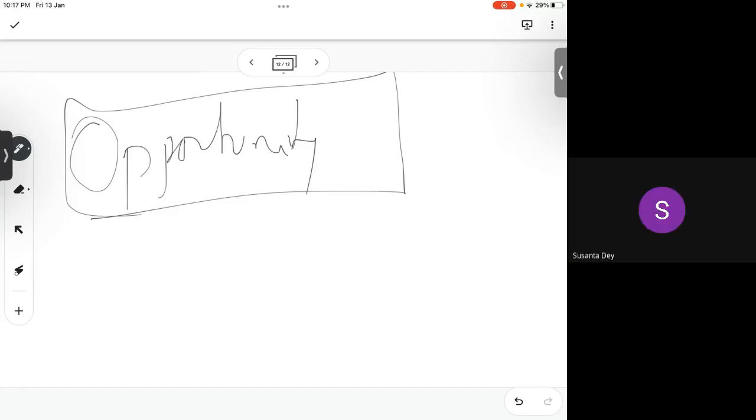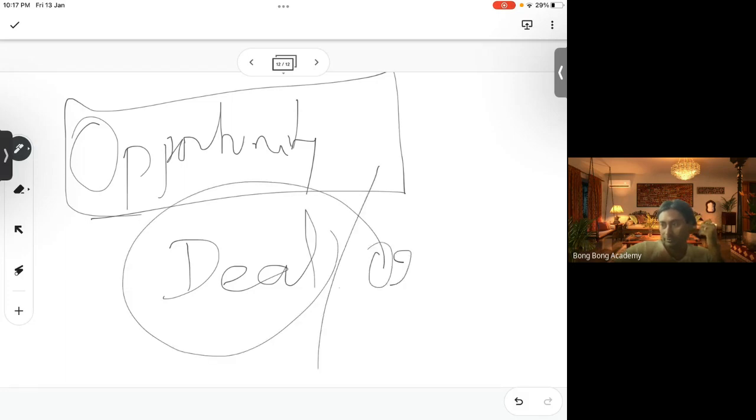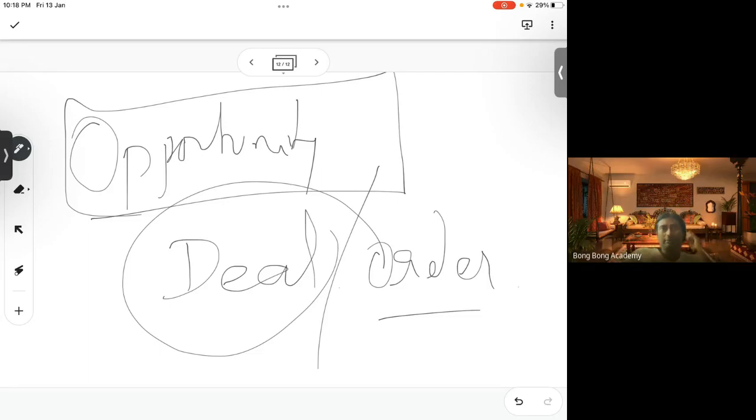Opportunity basically means a deal. Absolutely, a deal or an order, like a corporate order. That is opportunity. What is the relationship between opportunity and product?